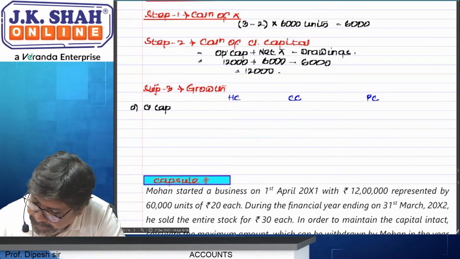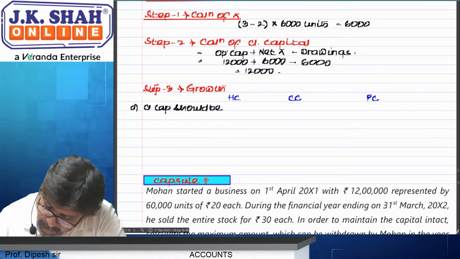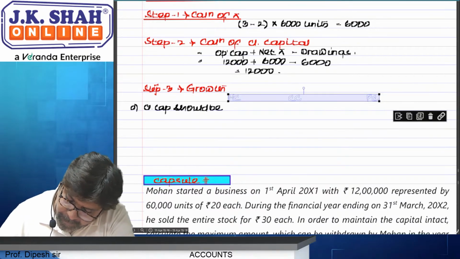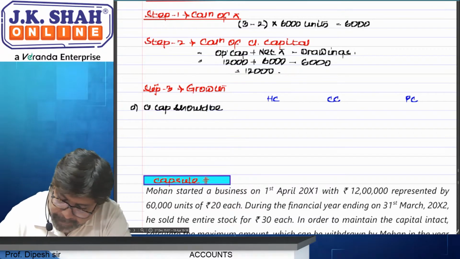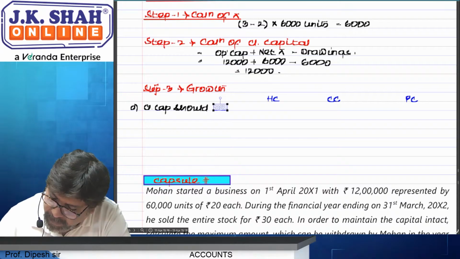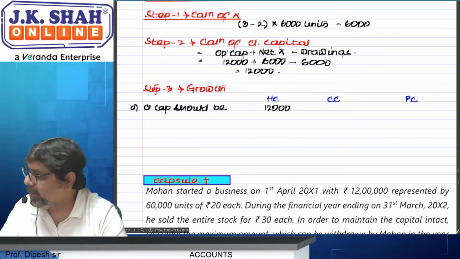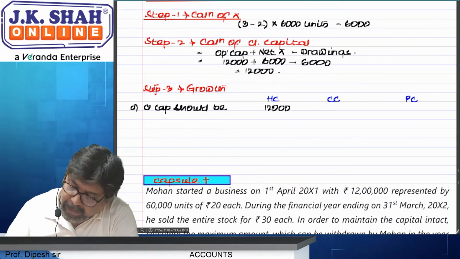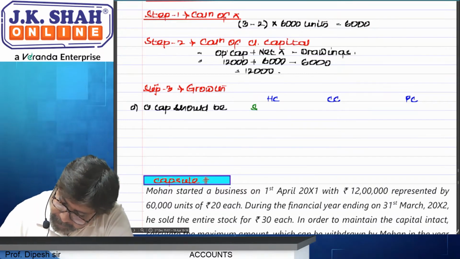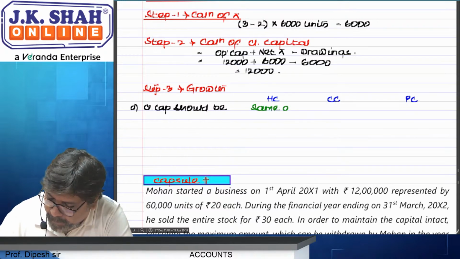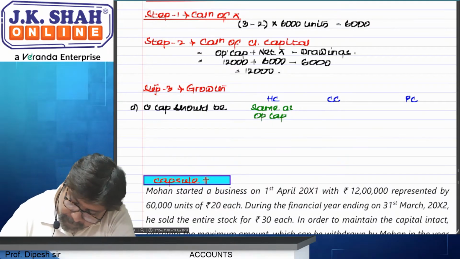Closing capital should be, at historical cost, 12,000 only, because my opening capital was how much? 12. Correct? So at historical cost, closing capital should be same as opening capital. That is how much?